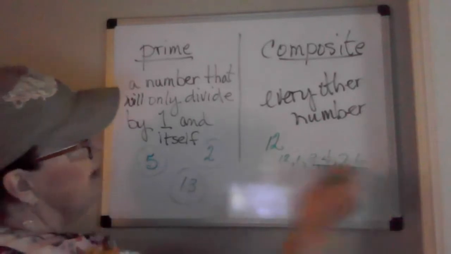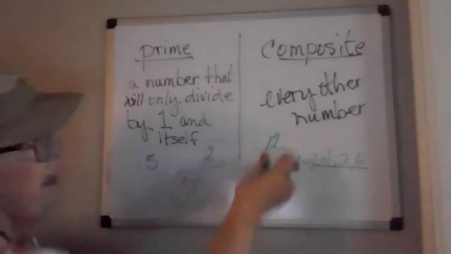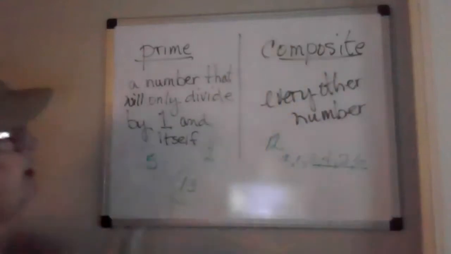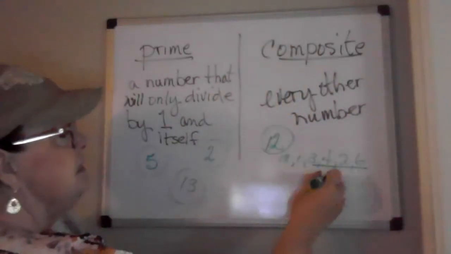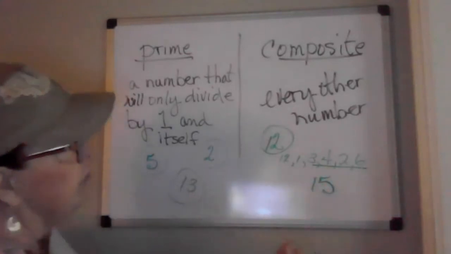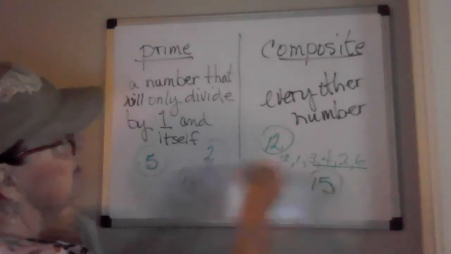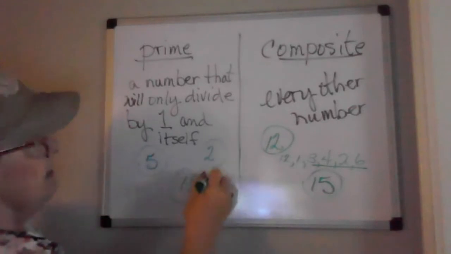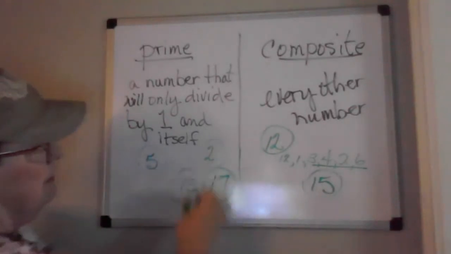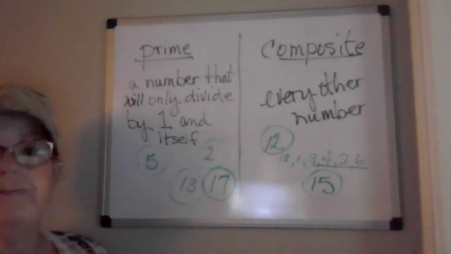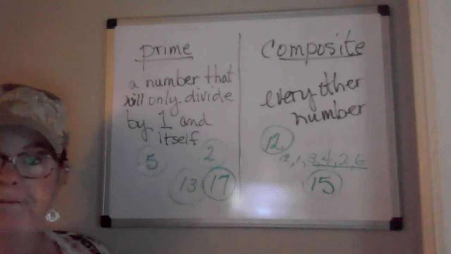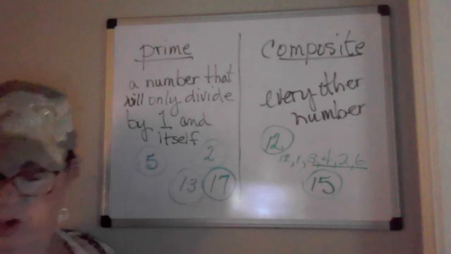If it will divide by more than just 1 and itself, then it's a composite. Okay, 15, it's composite. But 17 is prime because it will only divide by 1 and itself. Are we good?